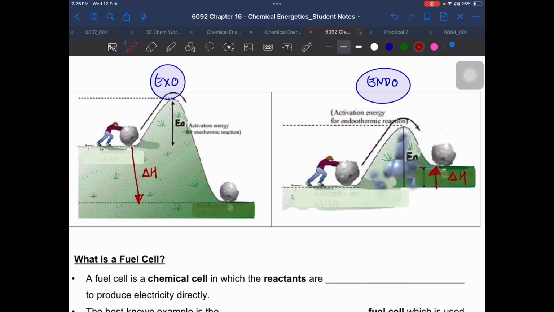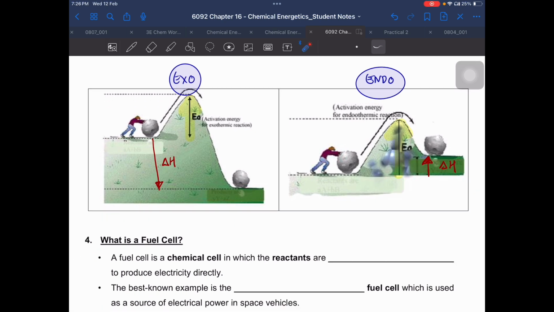Take note that for the exothermic reaction, the activation energy is just this portion, whereas for endothermic, it's much bigger in comparison to the enthalpy change, right? So you can see the difference in terms of the activation energy over there. That explains what the energy profile diagram is. In the questions that you come across, you have to read carefully to see if you are asked to draw the energy level diagram or the energy profile diagram.